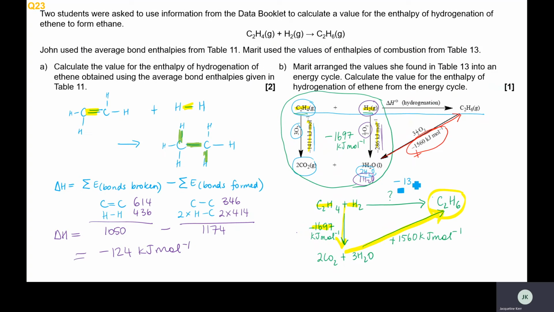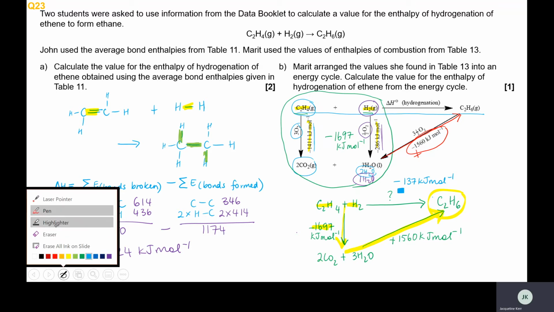Minus 137 kilojoules per mole. And that's our answer to that question. So that's using that energy cycle diagram and using the enthalpy values of combustion from table 13. So both of them were trying to arrive at the same answer, and they've got slightly different things here.